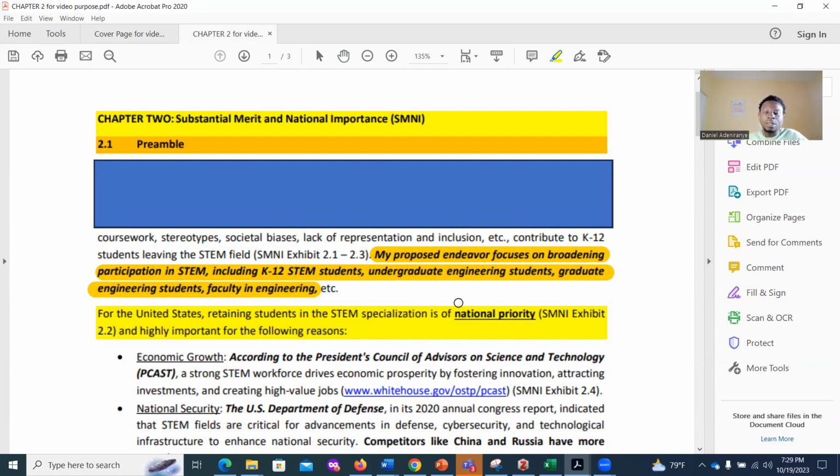After declaring that, then you want to show how it is of substantial merit. And when you argue that, you also want to show how it is of national importance. Let me give you an instance. If you are a teacher and you are a very talented teacher in your school, maybe it's K-12 students you are teaching, and you've been contributing meaningfully to all these students.